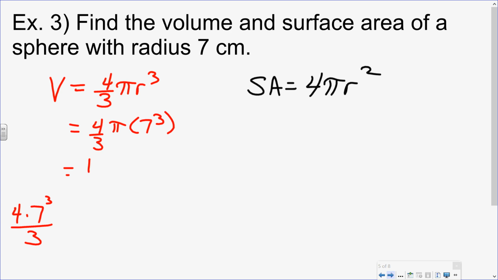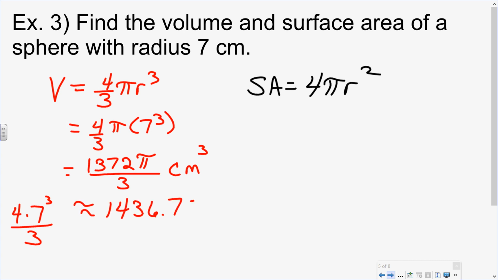Thank you. So 1,372 over 3, but we also need the pi in the final exact answer, centimeters cubed. And then on a calculator, 1436.755 when we take that 1372 times pi, and we label those units.